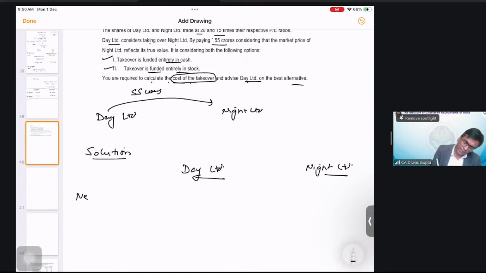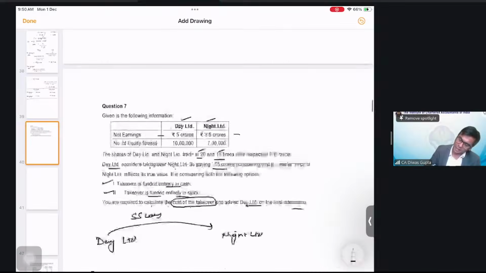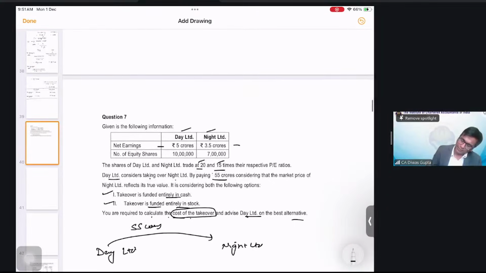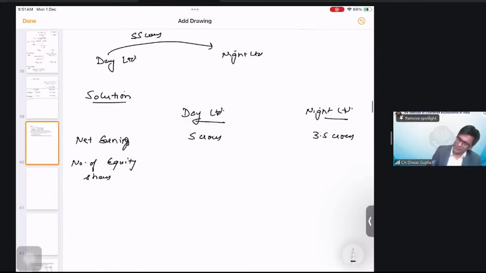So the net earnings is 5 crores and 3.5 crores. Number of equity shares, 10 lakh and 7 lakh, right?